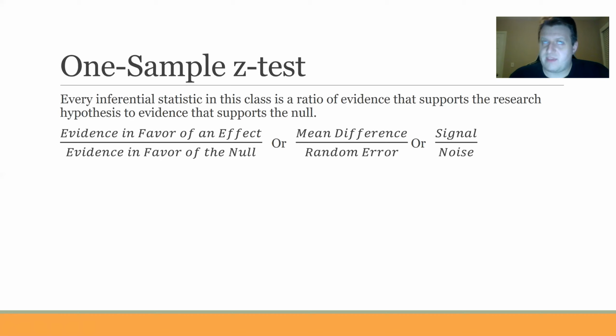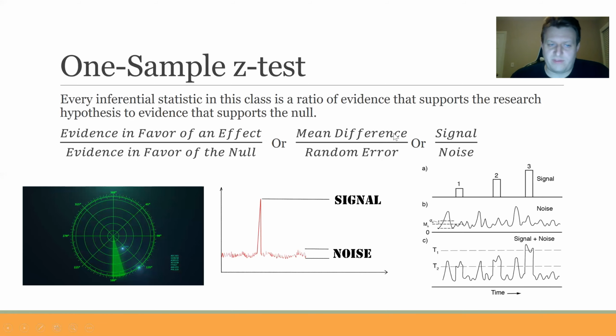Another way of looking at this comes from communication theory and communication science. All right, it's the amount of signal over the amount of noise. All right, psychology is very influenced by communication theory, especially cognitive psychology. All right, think about, if you would, you are in a submarine and you have a sonar, and it's your job to make sure that there's no enemy vessels coming around.